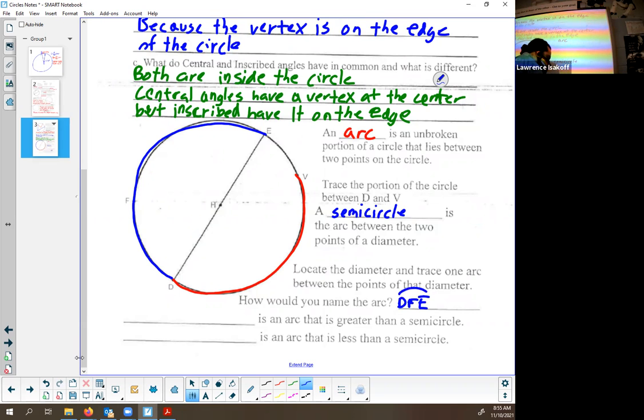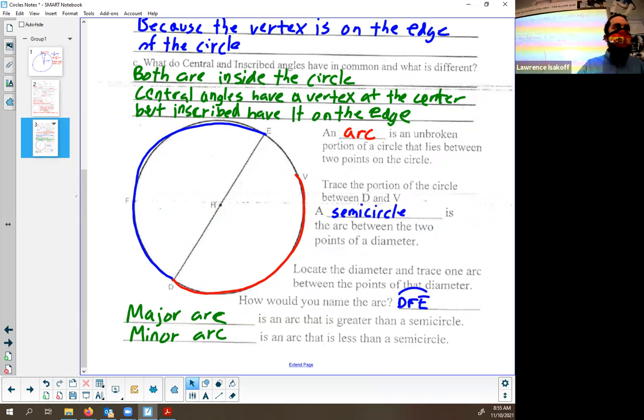I put a little arc symbol above it. If it's more than half a circle, I'm going to call that a major arc. If it's less than half a circle, that will be a minor arc.